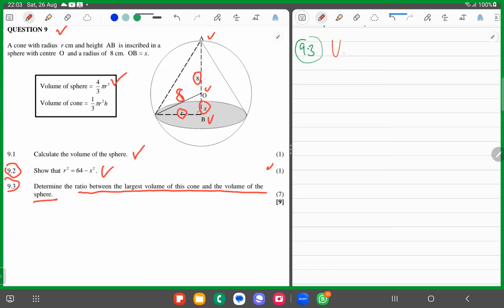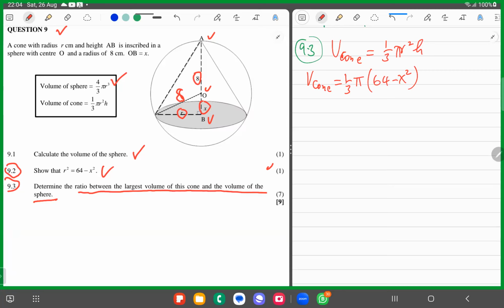Right, let's start with the volume of the cone. What is the volume of the cone? 1/3 pi r squared h. The volume of the cone is 1/3 pi. What is the radius? We've already seen that r squared is 64 minus x squared. What is the height of the cone?